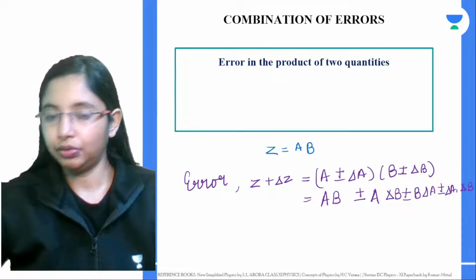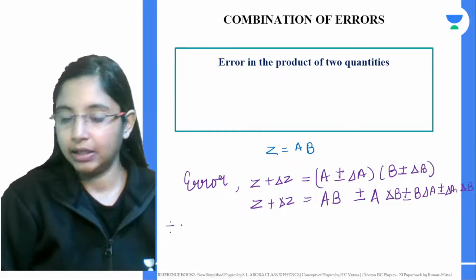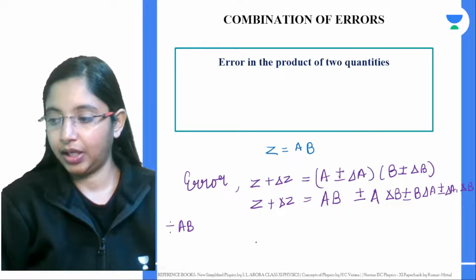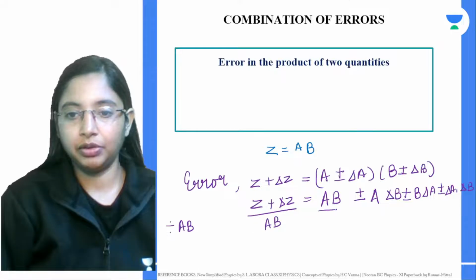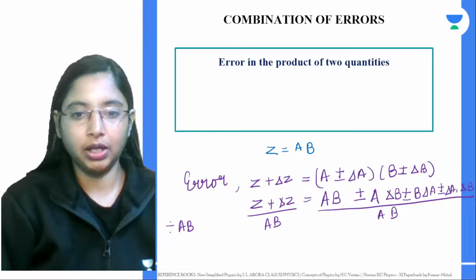So what we are going to do, we are going to divide both sides by AB. I am going to divide this whole side by AB, and I am going to divide this whole side also by AB. Then what will happen here?